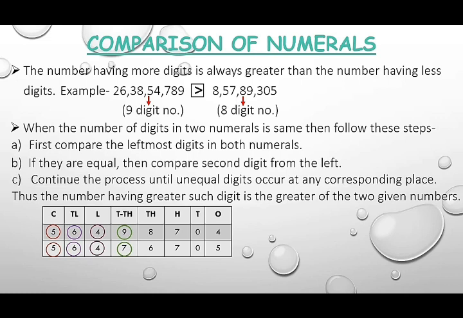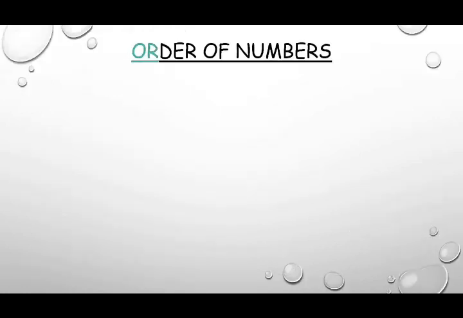It's clear? 9 is greater than 7. We need not compare the remaining part now. We can simply say 5 crore 64 lakh 98,704 is greater than 5 crore 64 lakh 76,705.